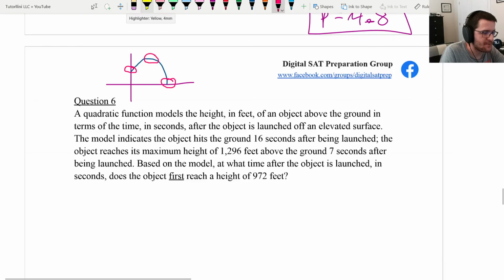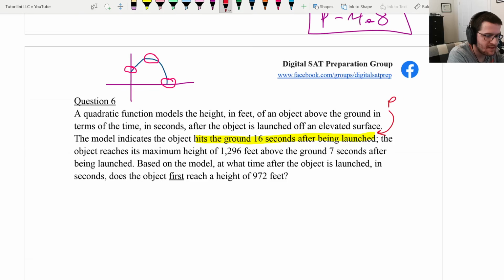So do you see here, this first part tells us the positive x-intercept. And this second part, remember I said the maximum tells you the vertex.